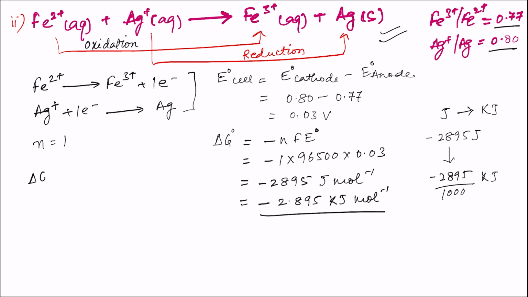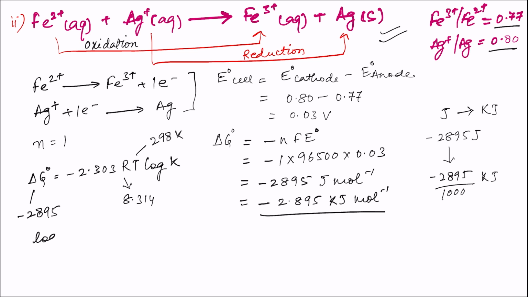Now delta G naught is also equal to minus 2.303 RT log K. Now value of delta G is minus 2895 joules per mole, R is equal to 8.314, temperature is equal to 298 Kelvin.